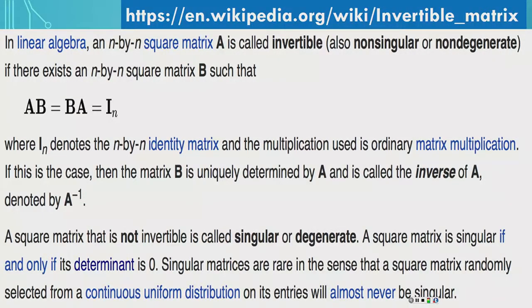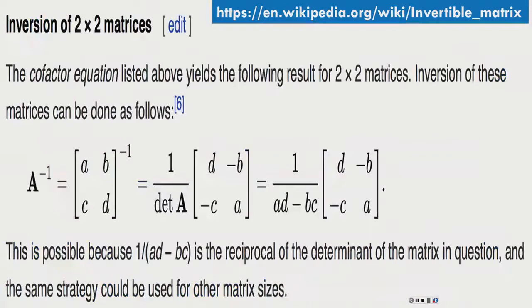Okay, and then this is describing what an invertible matrix is. Here's the equation. This is the identity matrix. I'm sure you all know what that is by now. That's just the definition. Here's the formula for inverting a 2x2 matrix.